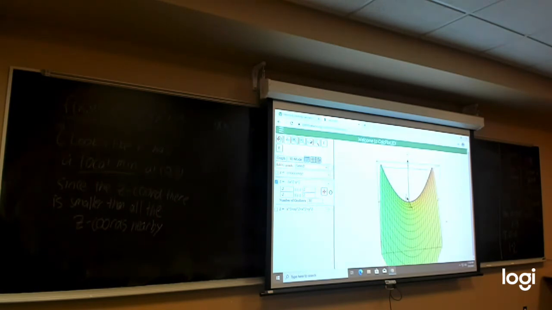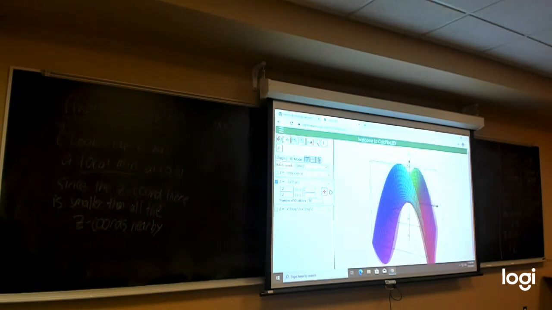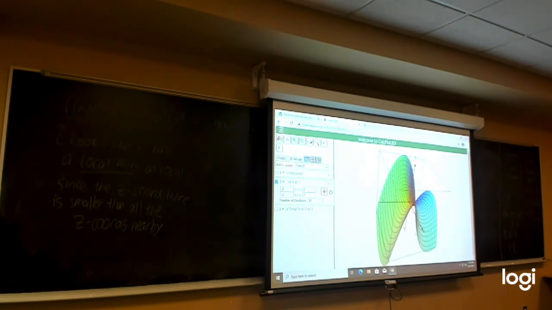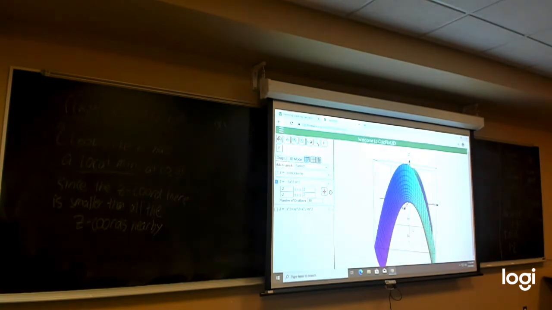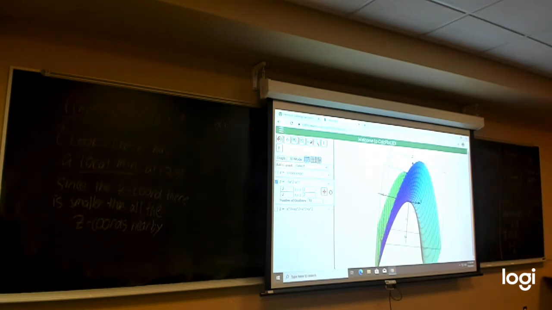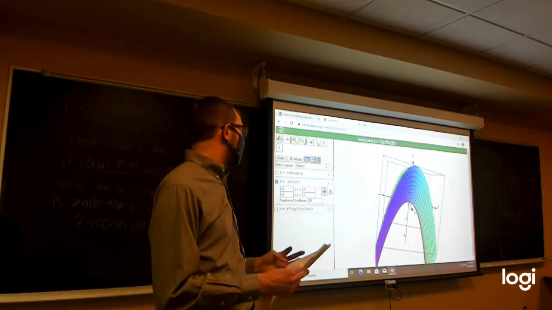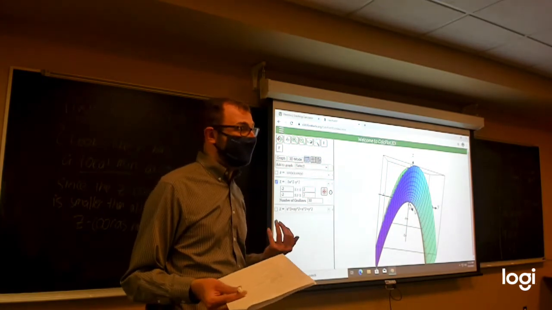But if we rotate it 90 degrees, it looks like the opposite thing is happening in the y direction at the origin. In the y direction, it looks like we have a max. So yes, I think you're absolutely right, Katie, that it's going to be a minimum in the x direction, a maximum in the y direction.